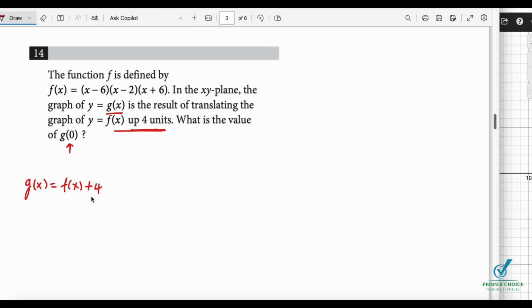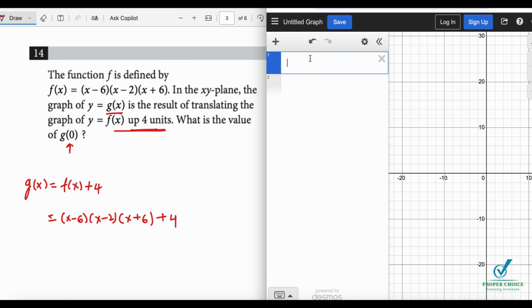Whenever we are talking about the graph being shifted up by certain units, it means we have to add. So similarly this can be written as g(x) equals (x minus 6)(x minus 2)(x plus 6). This whole thing is representing the function f(x) plus 4. Type it as it is on Desmos and check the value of graph g when x equals 0.